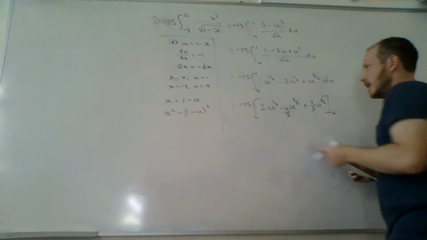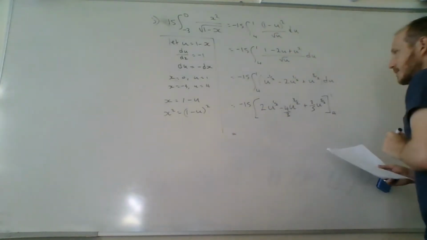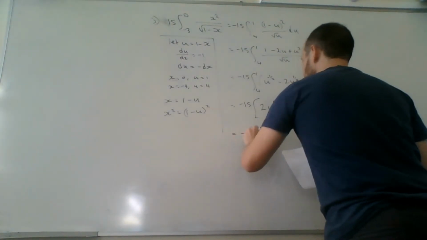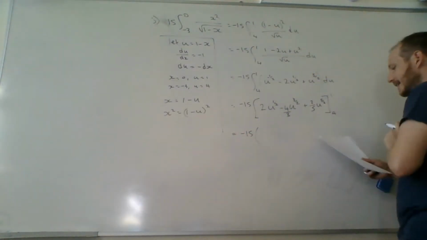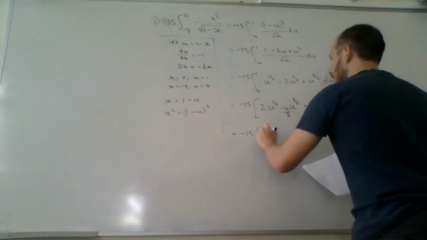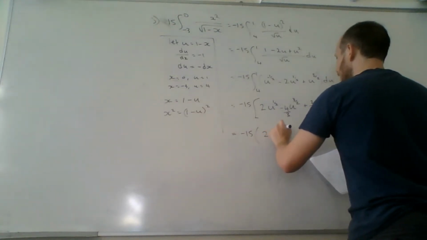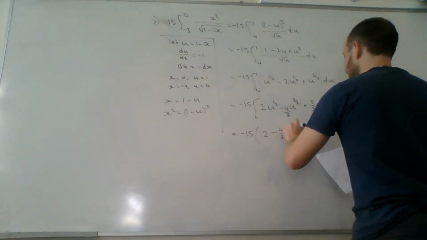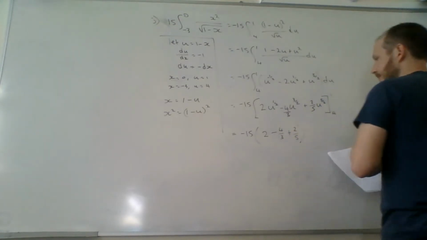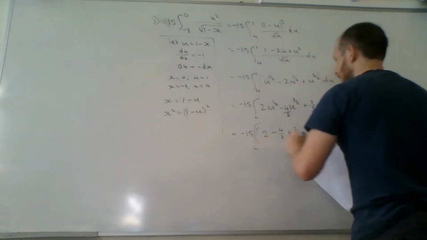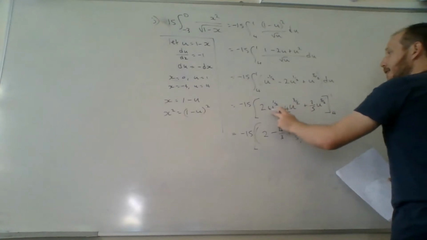Okay? So now, we need to substitute in our value. So we've got minus 15 out the front. Now if we put 1 in, we've got 2 minus 4 over 3 plus 2 over 5. Subtract, and then we need to put 4 in.